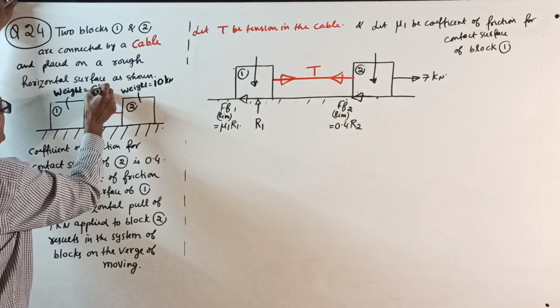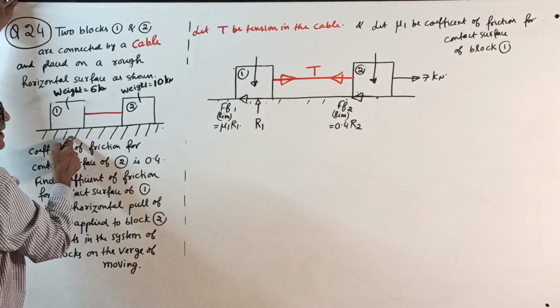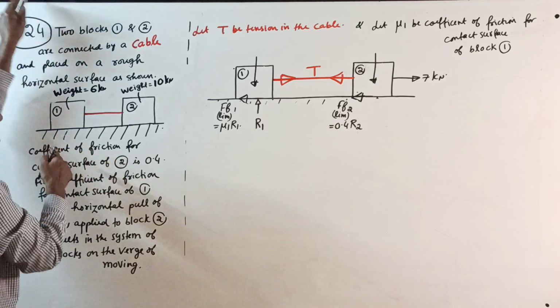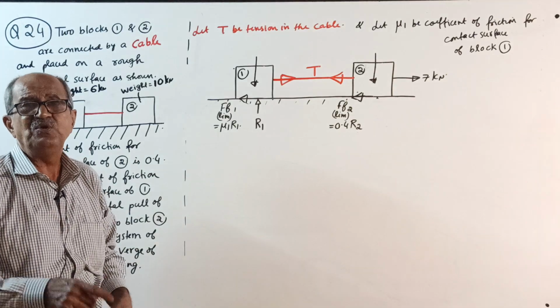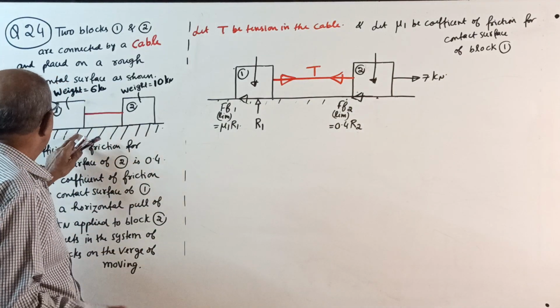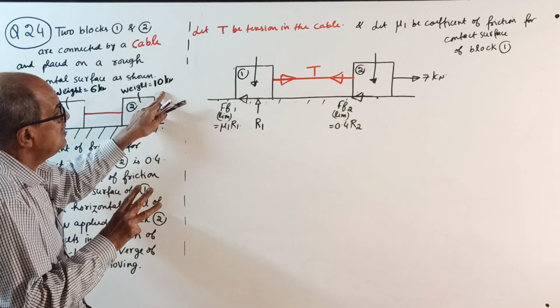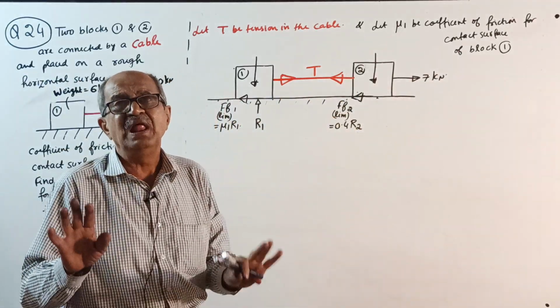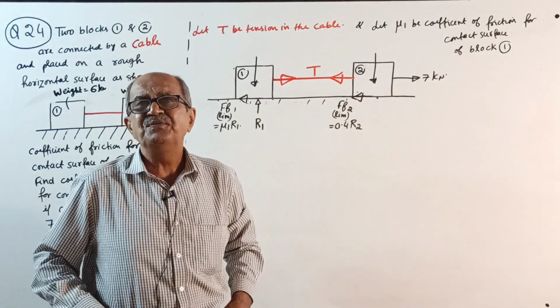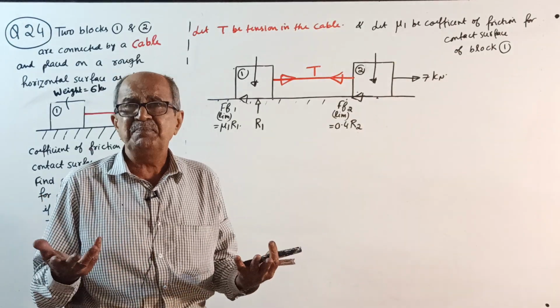Now, correct, 1 minute. 6 into 0.5, because actually 0.5 is the answer here, find mu1. I want a round number, so I decided to get 0.5. 6 into 0.5 is 3. 10 into 0.4 is 4. 4 plus 3, 7. Yes, correct. Perfectly matching. You never bother about all these things. This is for my personal purpose.